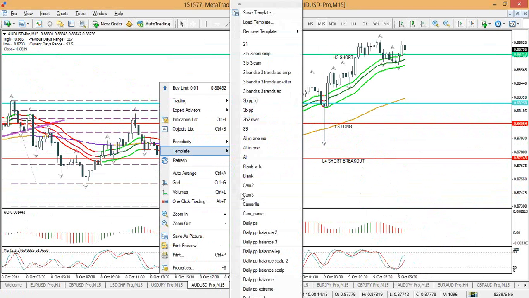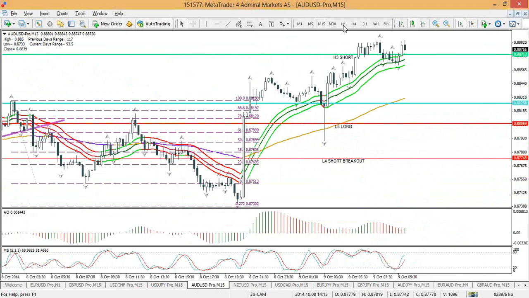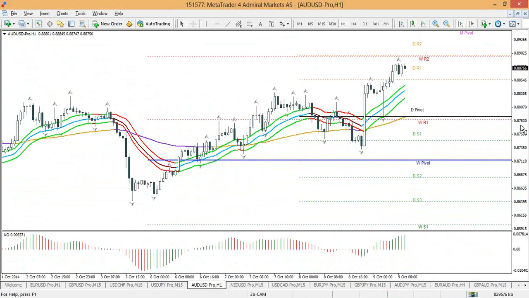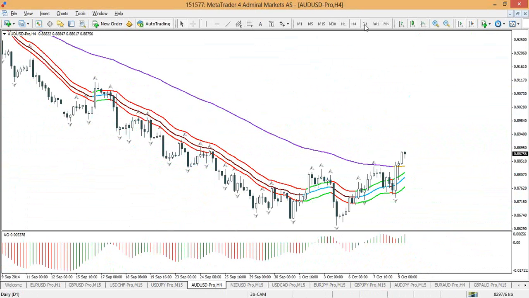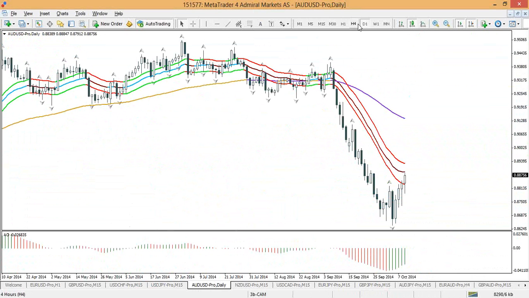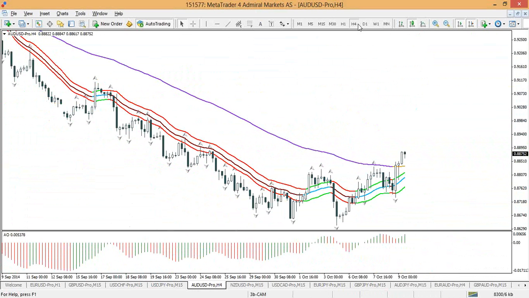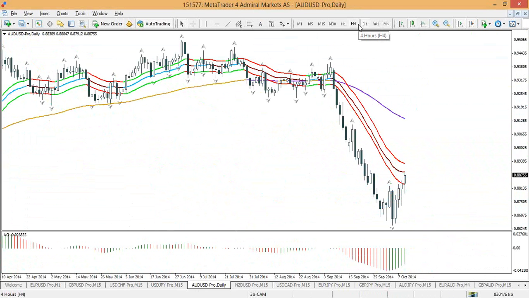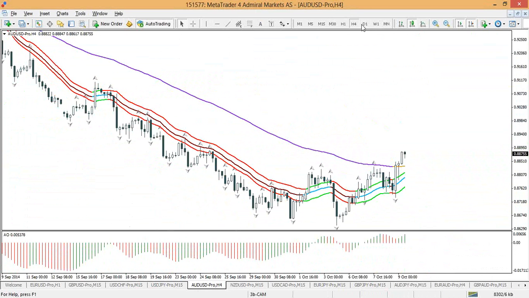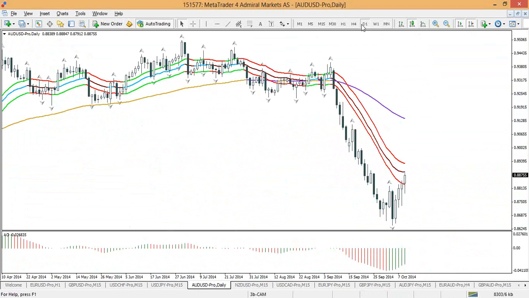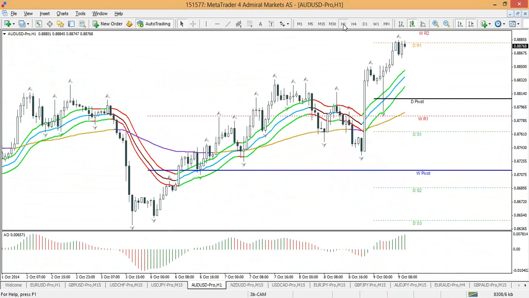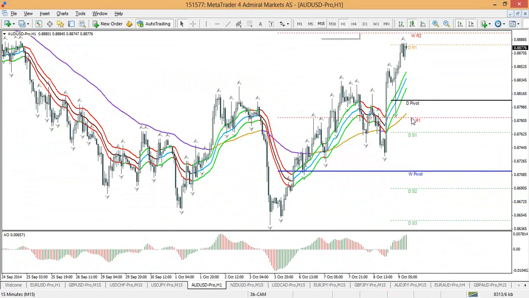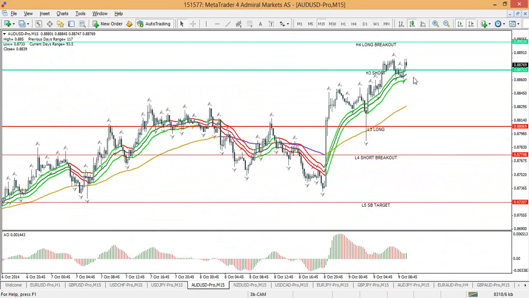Let me refresh this Aussie, see if that has something similar. Obviously, also here making higher highs and higher lows, it is also above H3, so it does look similar to the dollar yen and dollar Swissy.